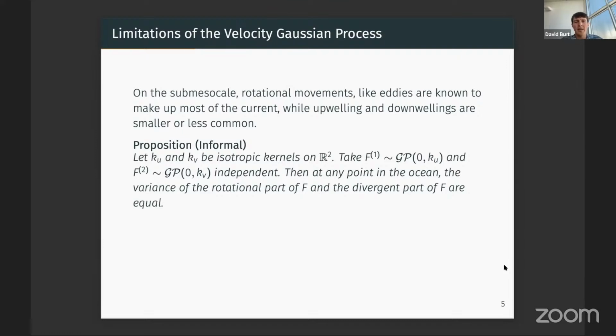So this is implying that under a prior, we're forced to have the rotational and divergent parts of a field have the same magnitude, even though we know this isn't really the case physically.